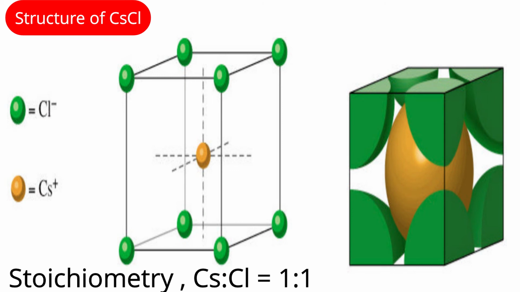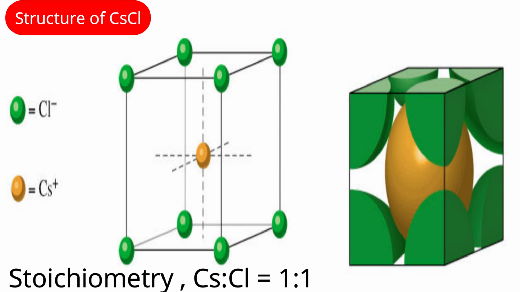Means if I have to say how many complete cesium ions are there in this represented structure, 1 cesium ion is there. Let us calculate the number of chloride ions. How are chloride ions arranged? Chloride ions are at the corners of the cube, and a chloride ion at the corner is shared to the cube by how much? 1/8.